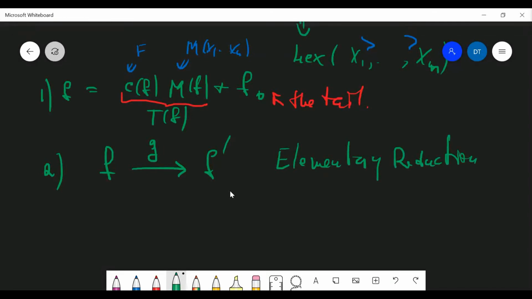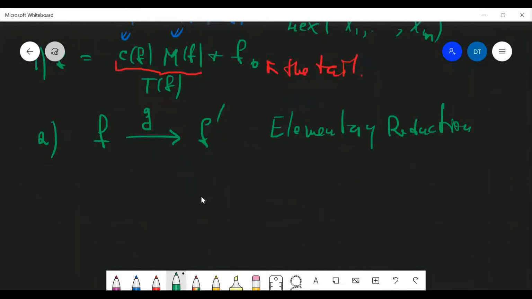There is one remark: this notation is not very accurate. It doesn't say which monomial inside f you reduce. If you want to specify it, you may write it down under the line.